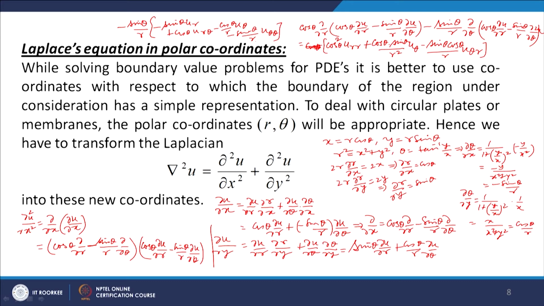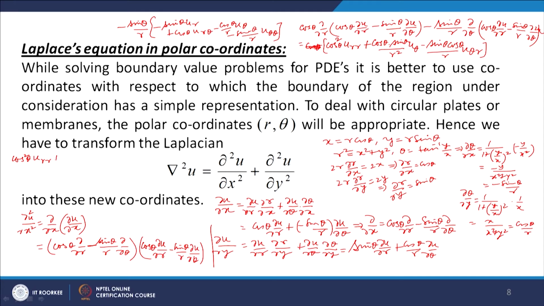Okay. So what terms do we now have? cos²θ u_rr, sin θ cos θ over r² u_θ, and here we will get minus sin θ over r multiplied by minus cos θ over r, sin θ cos θ over r² u_θ.